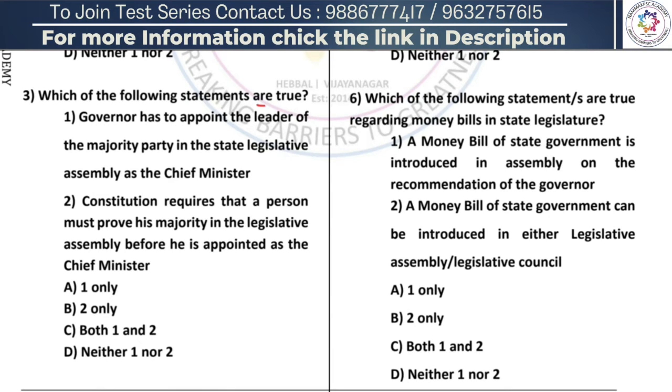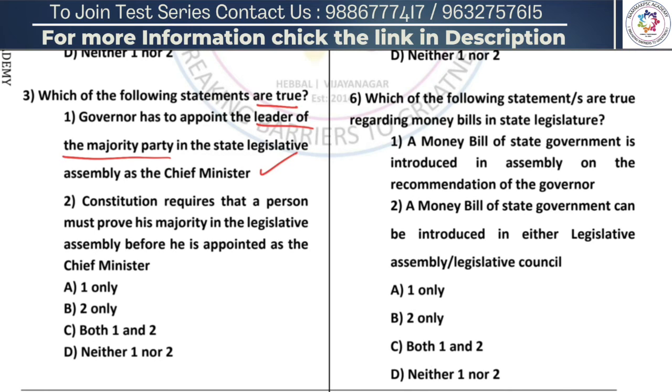So they're asking which of the statements are true. Yes, governor has to appoint the leader of majority party in state legislature. This is true. He has to appoint the leader of majority party in the state legislative assembly as the chief minister. This is absolutely true.